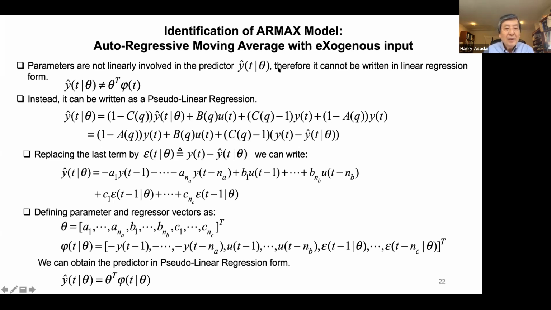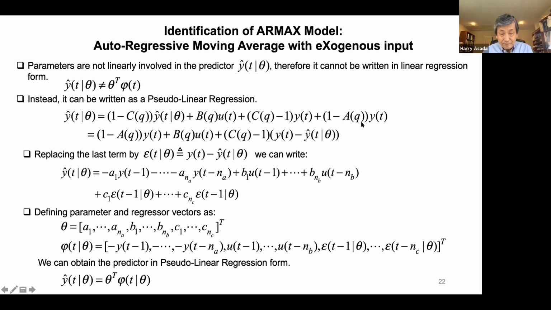Okay, so now let me rewrite that here again. y hat is (C minus 1)(y minus y hat) plus B u plus (1 minus A) y t. I just subtract y t and then add the y t's, a little bit different equation from the previous one.